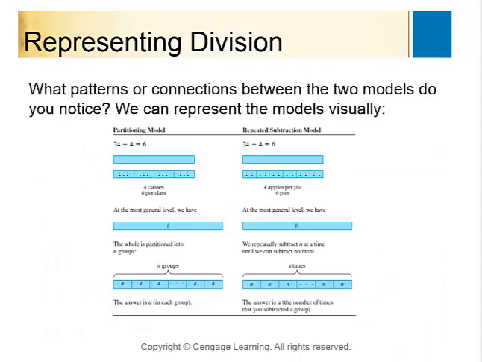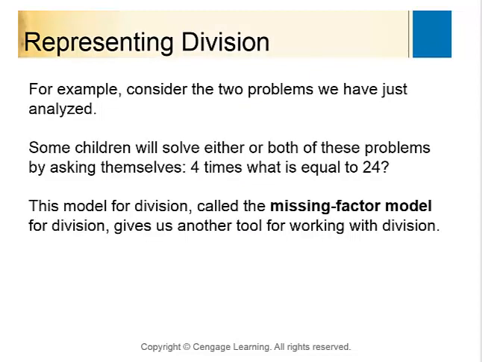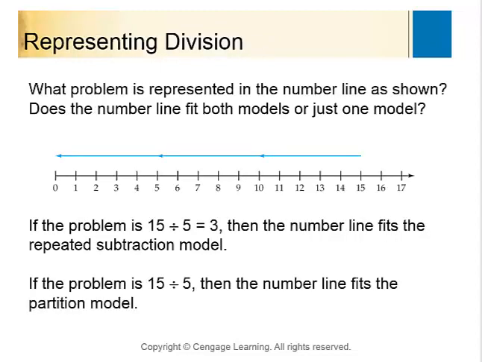Once again, using our whole and part model, here we are looking at the repeated subtraction and the partitioning model using that same whole and part. Sometimes children are able to use the missing factor model, where they go 4 times what is 24, and that's a very effective way to think about division, as well as the number line model.